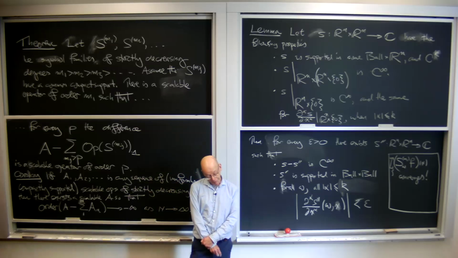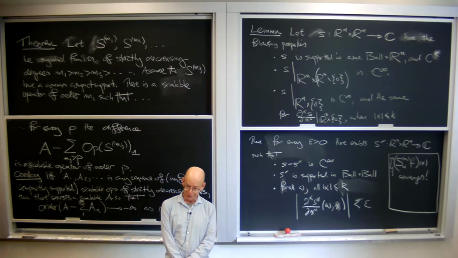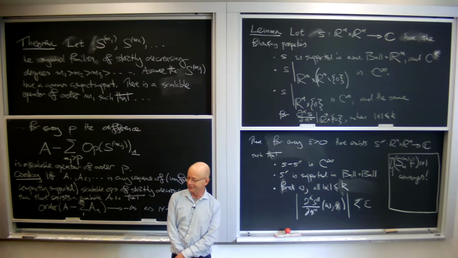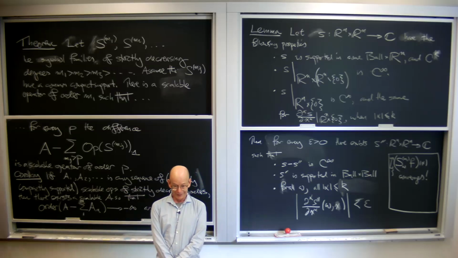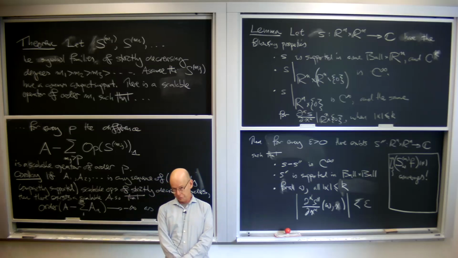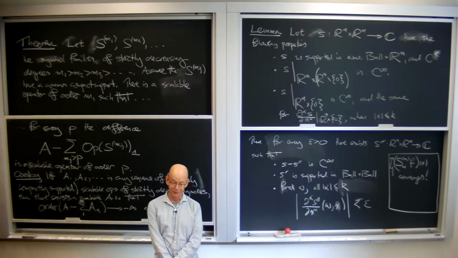Now, to define the operator A, I lied. That is to say, I made a mistake. It was a lie, but it was an unintentional lie. That's called a mistake. To define the operator, we define A of f at x to be super big S sub x applied to f and evaluated at x in the usual way. So that's the actual formula for A in terms of the family super big S omega.